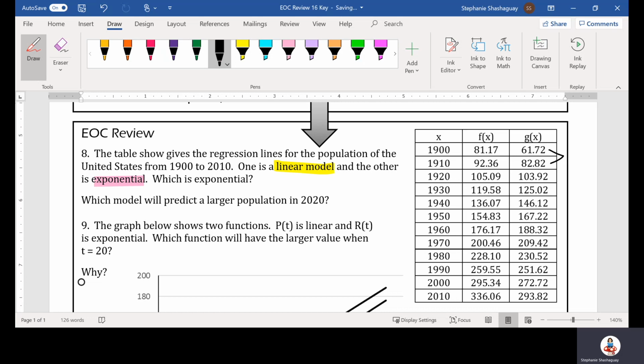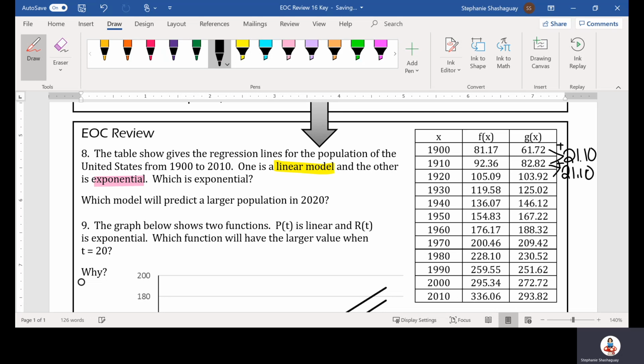So to go from 61.72 to 82.82, I added 21.10. We're not talking about dollars here. To go from 82.82 to 103.92, I added 21.10.